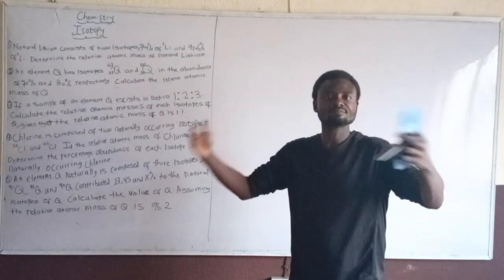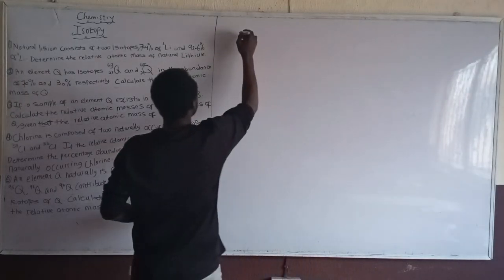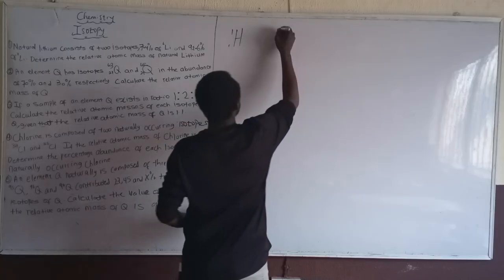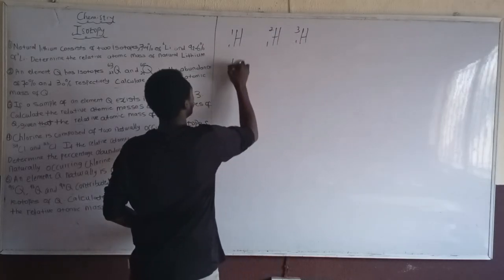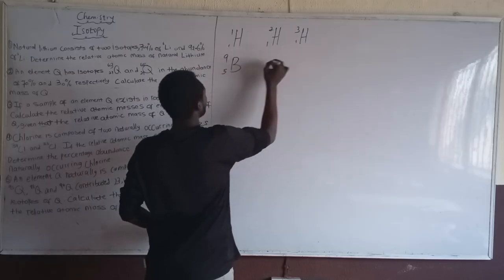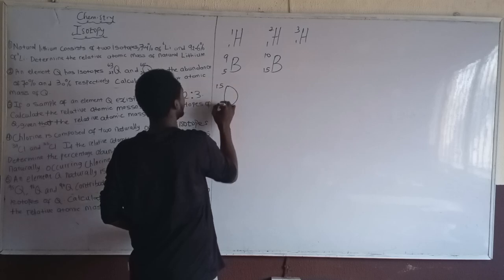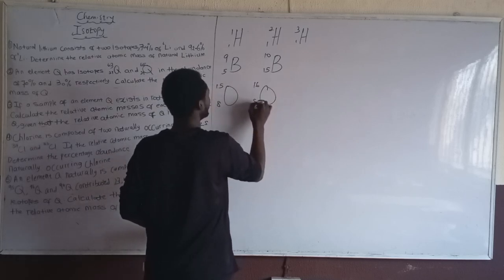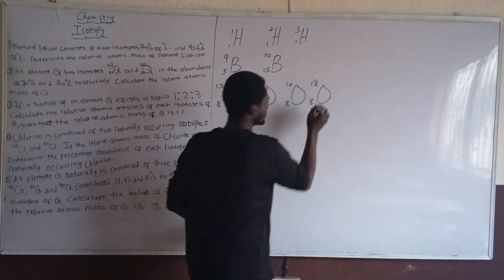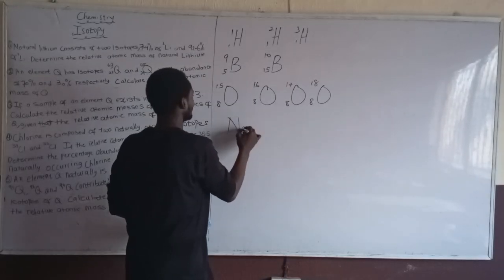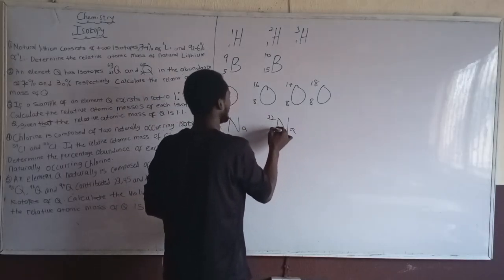So we have a lot of elements that are isotopic in nature. Example: hydrogen 1,1, hydrogen 2,1, hydrogen 3,1, boron 9,5, boron 10,5, oxygen 15,8, oxygen 16,8, oxygen 17,8, oxygen 18,8, sodium 23,11, sodium 22,11.